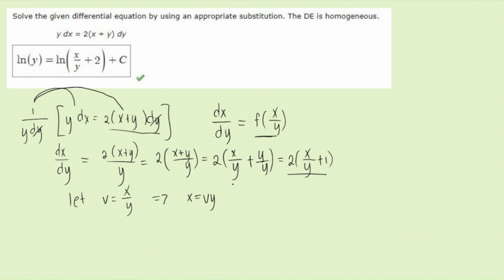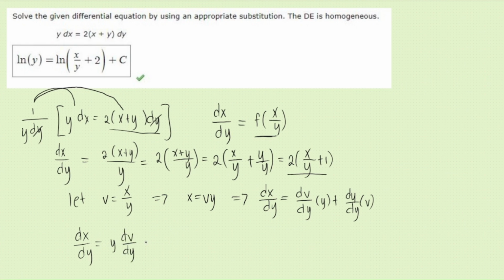So solving for the derivative dx over dy in terms of y, dx over dy is equal to the derivative of our product: dv over dy times y plus dy over dy times v. Okay, so we now have dx over dy is equal to y dv over dy plus v.